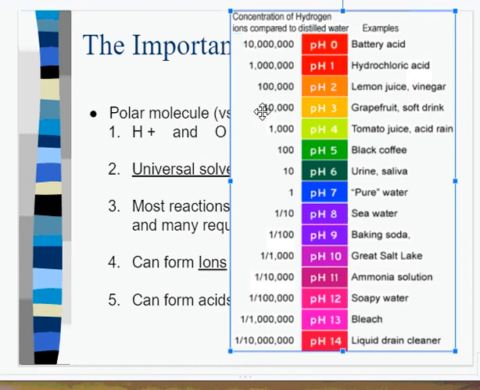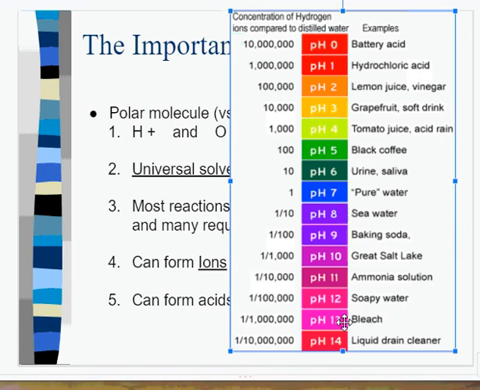There's, right about here, is the pH of 3, and that's essentially the pH of some soft drinks and grapefruit juice. But in your small intestine, the pH is different. The pH in your small intestine is closer to a pH of 9. And so different chemical reactions can happen as a result of those changes in pH.